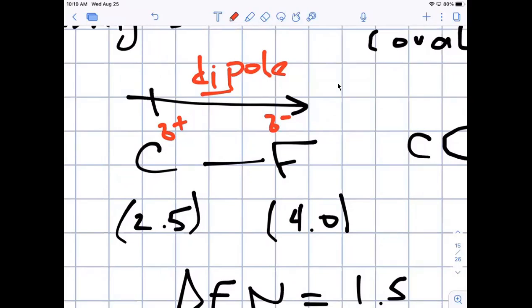So if the arrow is pointing towards fluorine, fluorine is pulling electrons towards itself, becoming more negative, and it's pulling electrons away from carbon, making carbon more positive. This is a very important concept for when we start talking about reactions and where reactions happen within a molecule. Normally, they're going to happen at some polarized site, or some site that has the potential to become polarized.